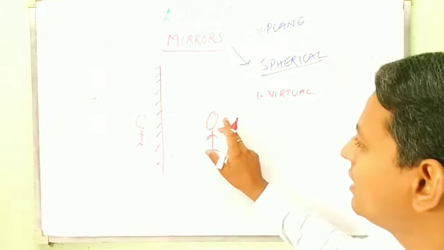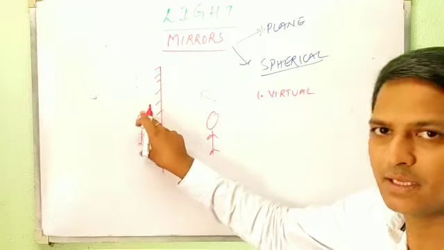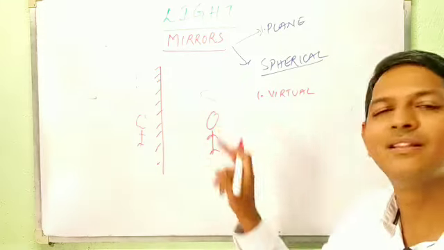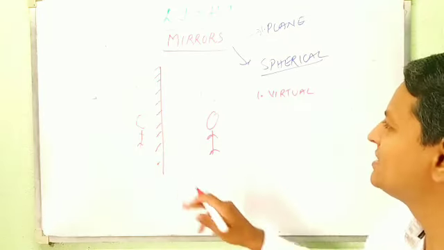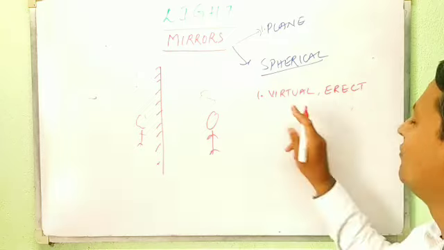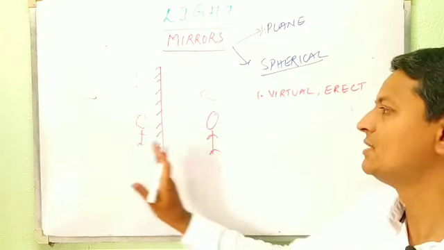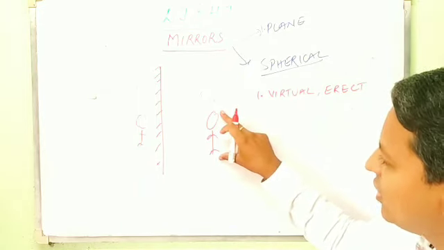Now the same way you are, you appear inside the mirror. If your head is up, you appear the same way inside the mirror. That's the reason this image is called an erect image. It's a virtual and erect image that is formed inside the mirror. And now what is the size? What is your size?